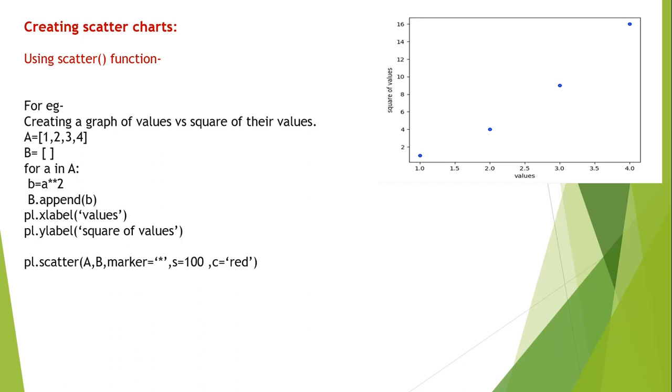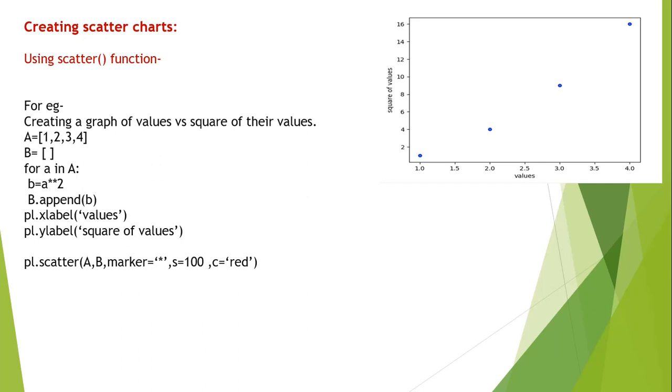So s equals 100 means the size of the marker should be 100. Earlier we were writing marker size equals this much. Here we are given s equals 100. Here s represents the size of the marker. c equals red here symbolizes the marker color, that means in which color this marker should be.